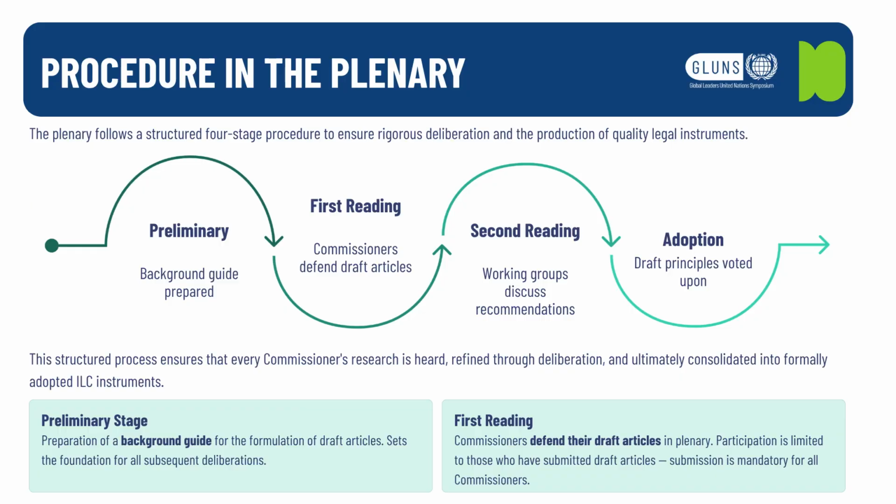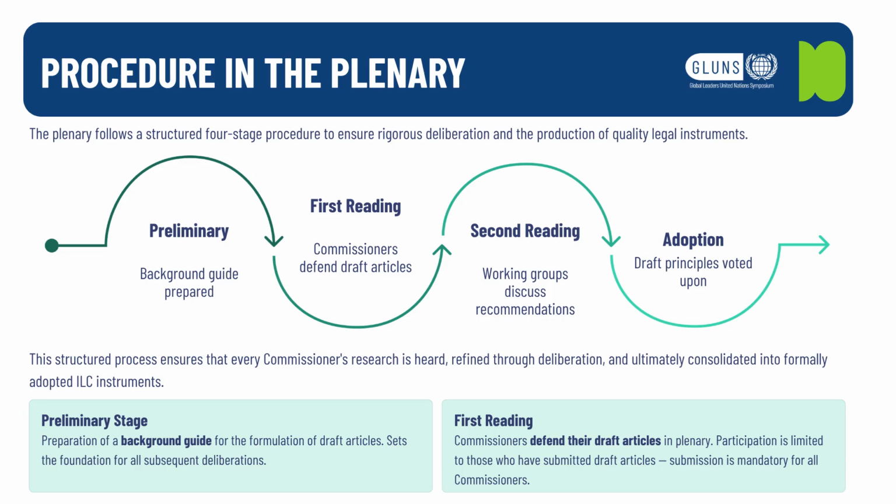Each plenary is headed by a chair, a deputy chair, and a rapporteur. So what is the procedure that is done in the plenary? The procedure in the plenary is, first we have the preliminary stage, the first reading, the second reading, and the adoption stage.